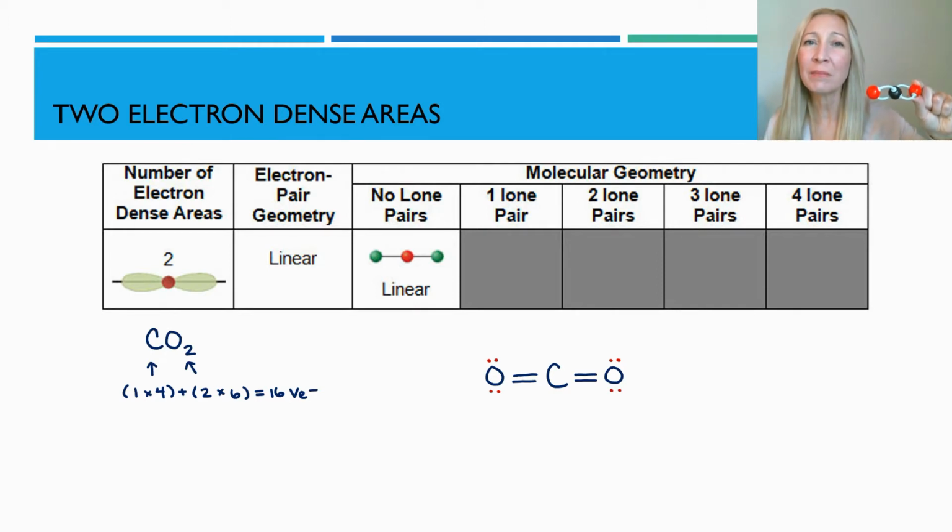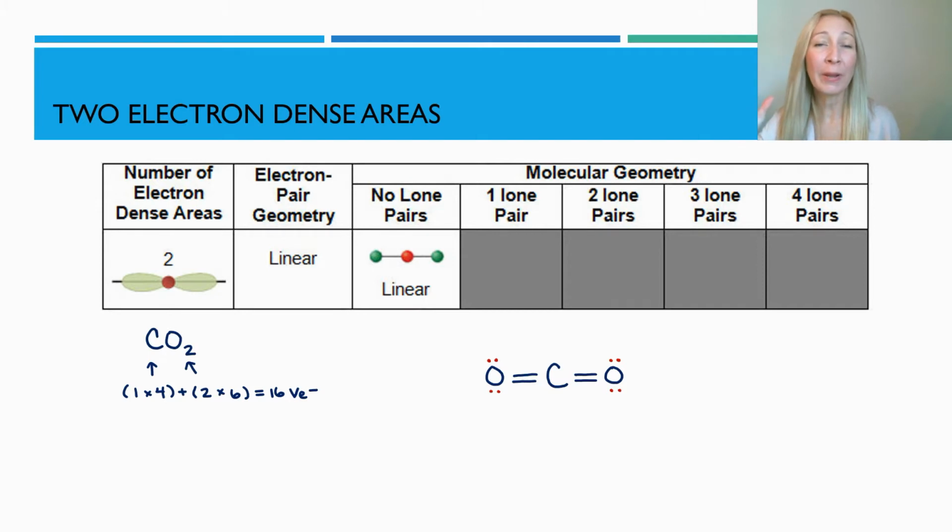So what do I mean by electron pair geometry? And what do I mean by molecular geometry? Well, electron pair geometry takes into account all of the regions of electron density, which include bonds and lone pairs. The molecular geometry just takes into account the bonds.